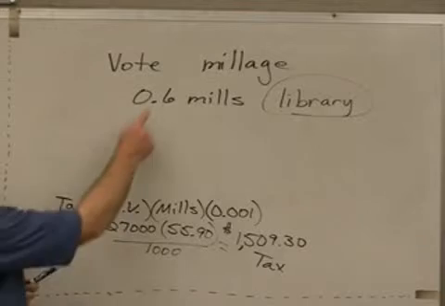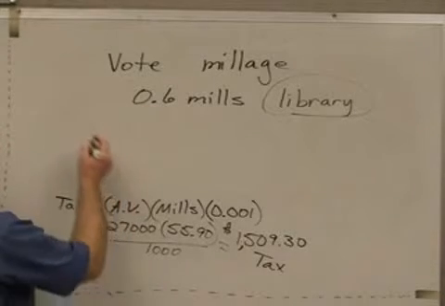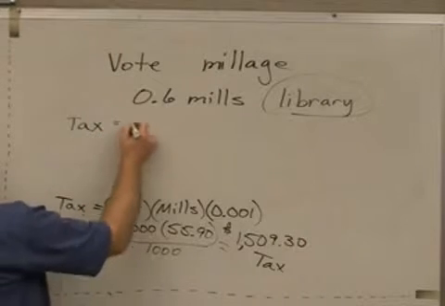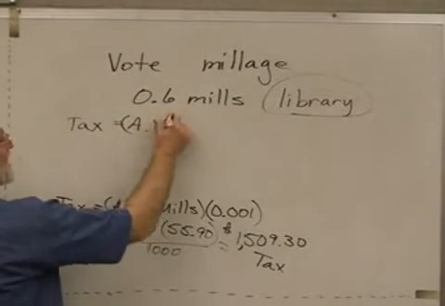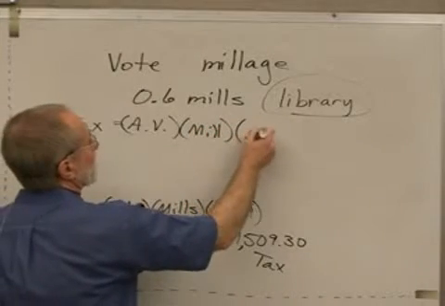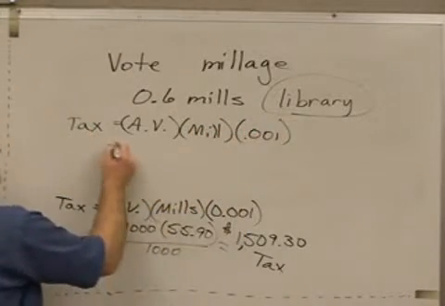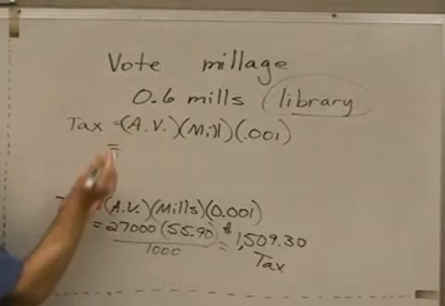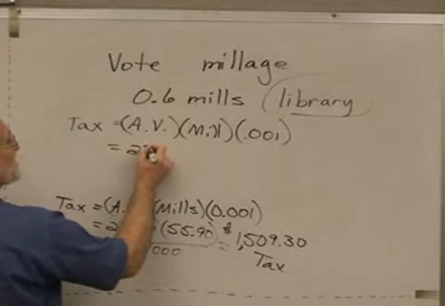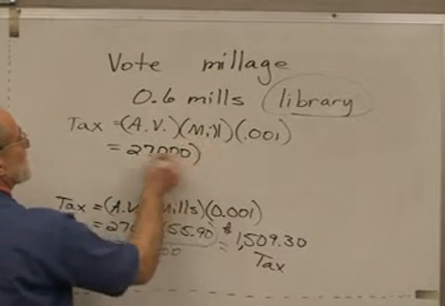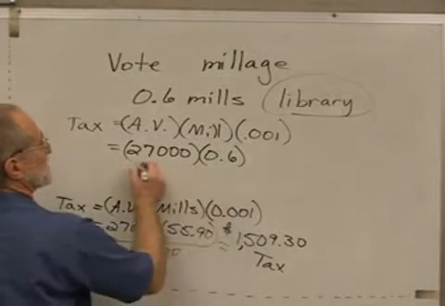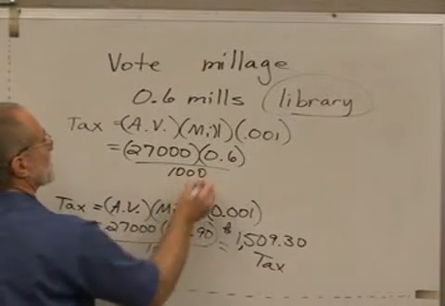Remember that tax is equal to the assessed value times the millage rate times 0.001, or divided by 1,000. So let's just use this and see how much our tax increase would be. So 27,000 times 0.6 divided by 1,000.